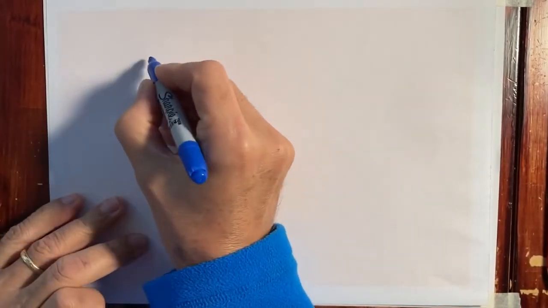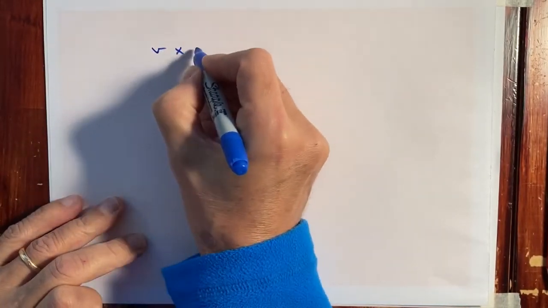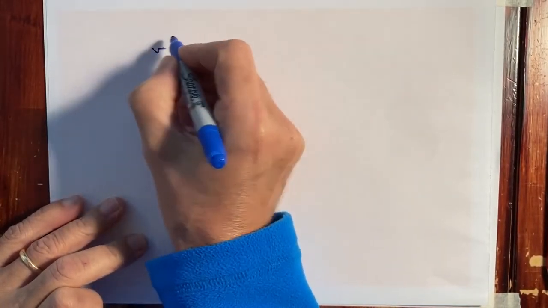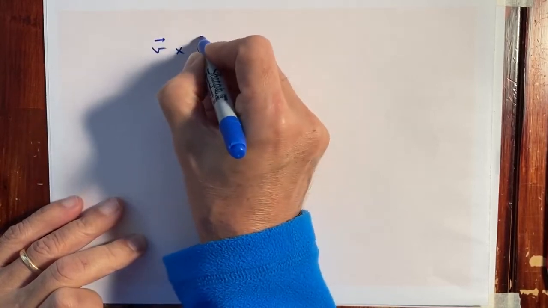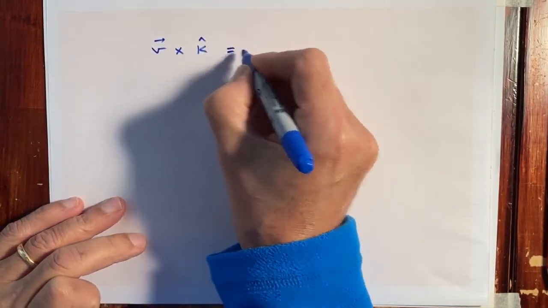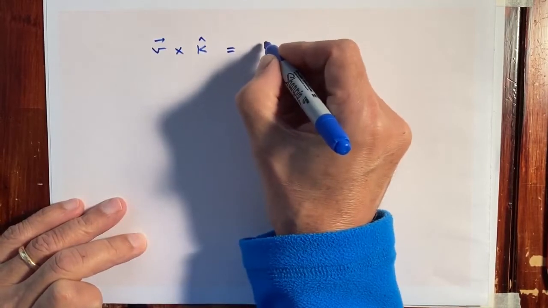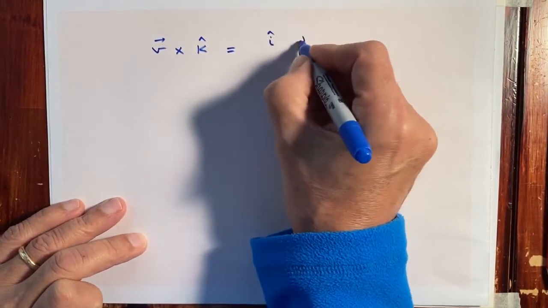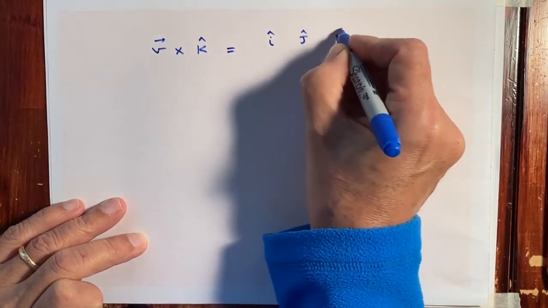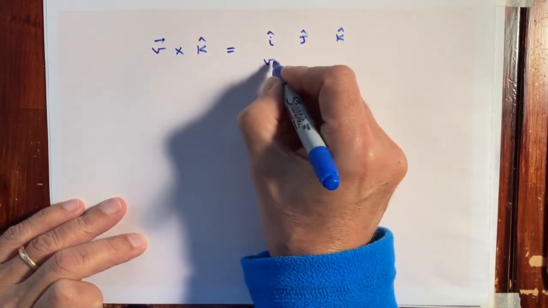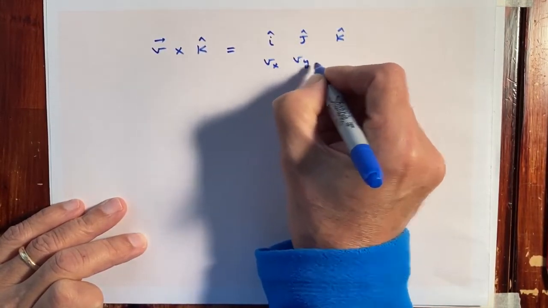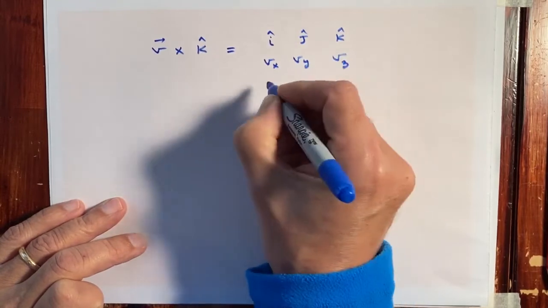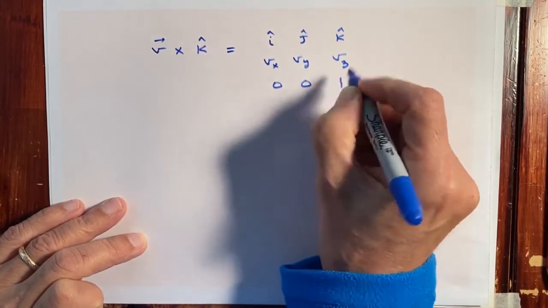So what we're going to show is that this cross product right here is going to yield something interesting. Specifically, we do that by saying i, j, k, and v sub x, v sub y, v sub z, 0, 0, 1.